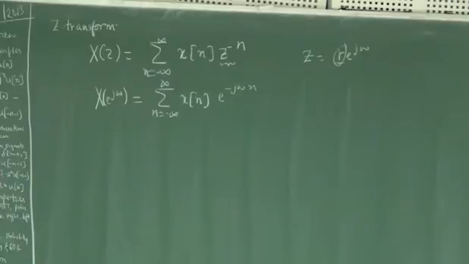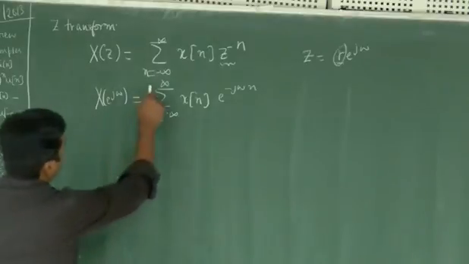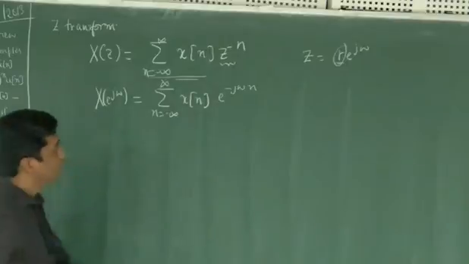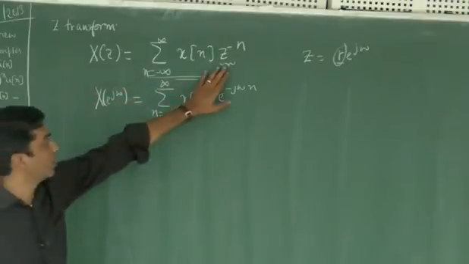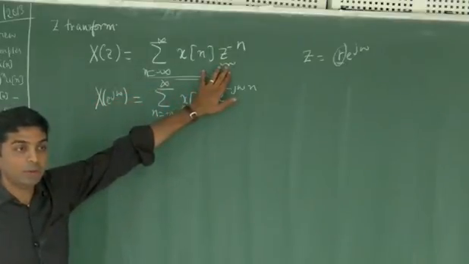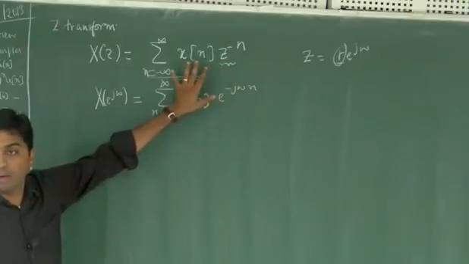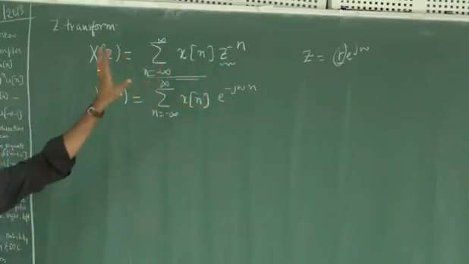And we also defined what was known as the region of convergence, correct? Do you recall what we said was the region of convergence? We have this summation. For the summation to exist, we put down some conditions on the region in the z plane where this thing would sum to something finite.